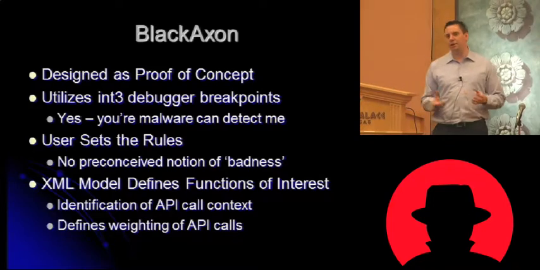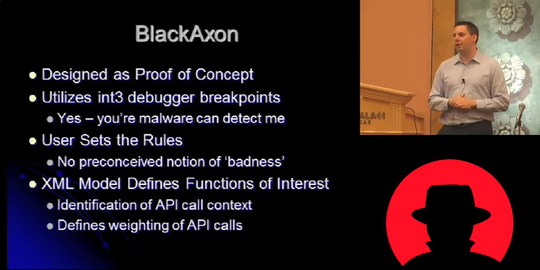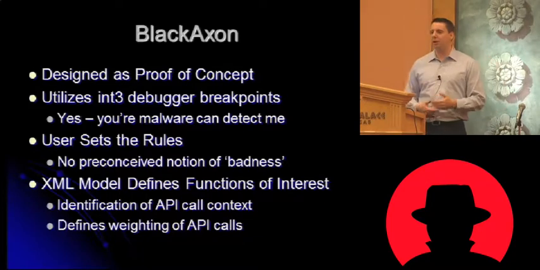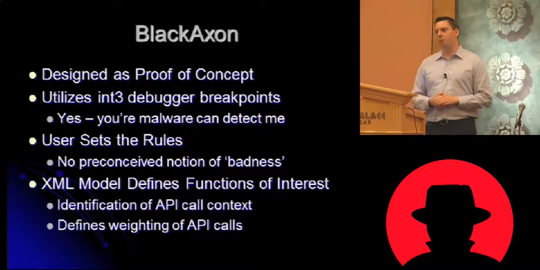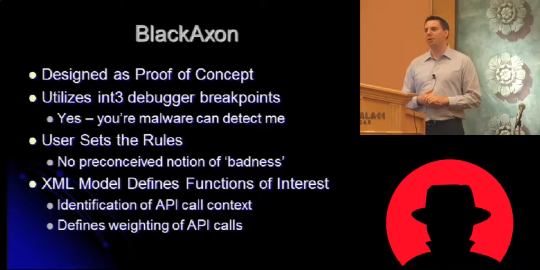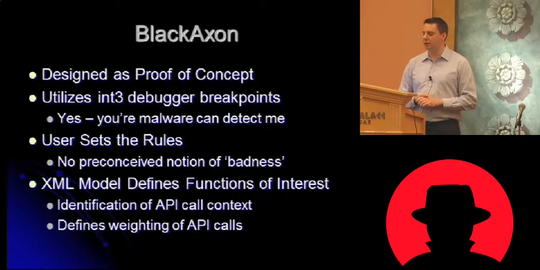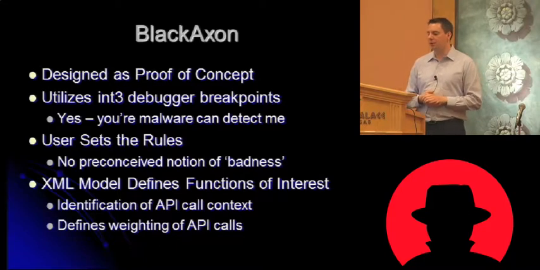And because of that, it does mean that malware that has any kind of debugger detection right now can detect it. There are obviously some things that you can do to prevent being seen, such as catching the IsDebuggerPresent API call and making that return in a certain way. But right now, out of the box, you're going to get seen.